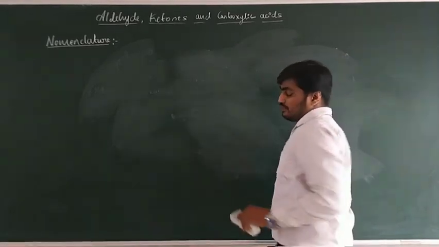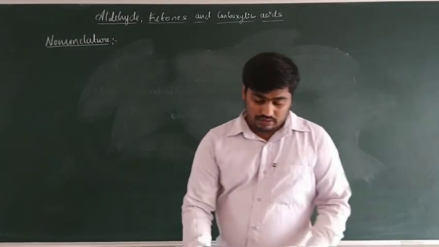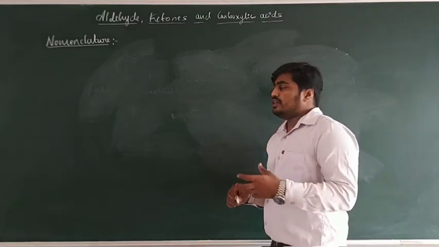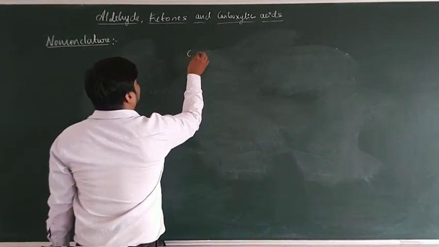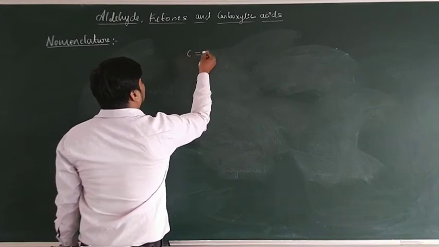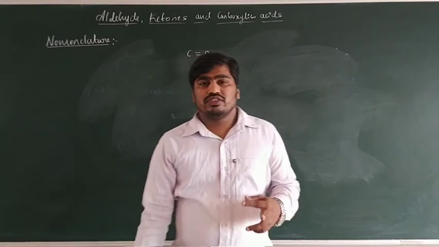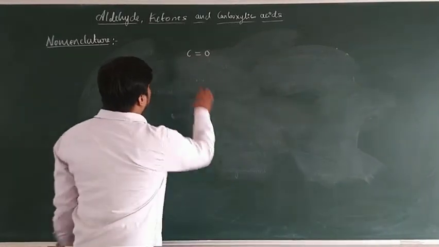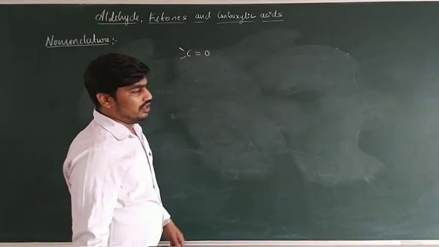What is the structure of carbonyl compounds, and on what basis can you explain the structure? In carbonyl compounds, the carbon is bonded to oxygen, correct? The carbon-oxygen double bond is observed, and the other valencies of the carbon are satisfied by sigma bonds.